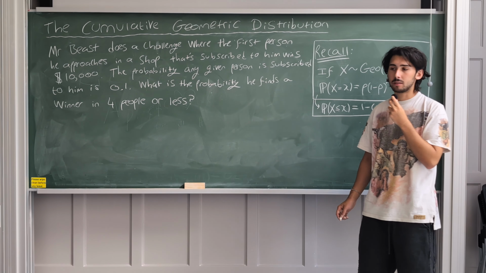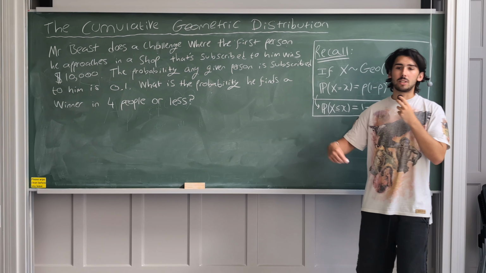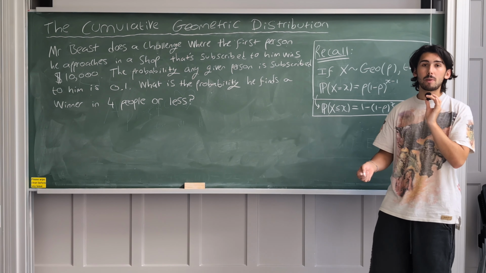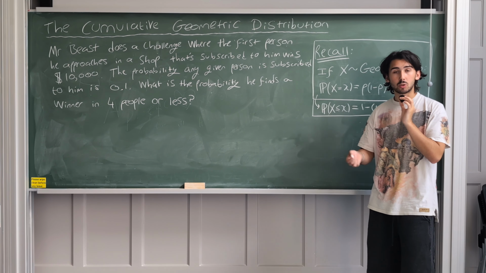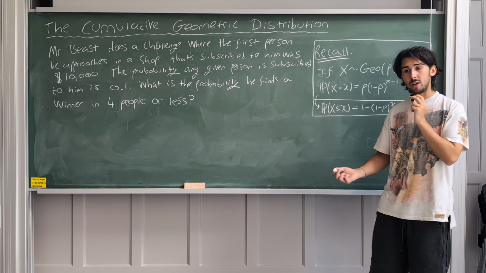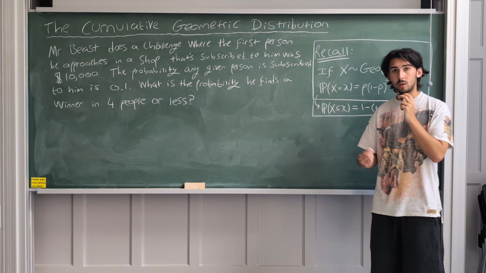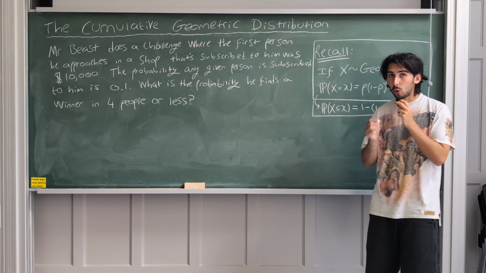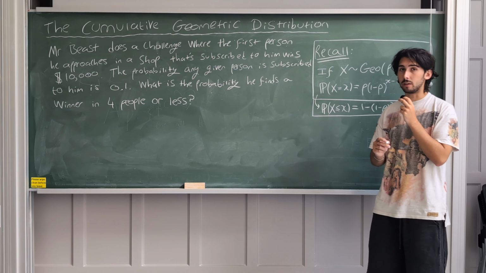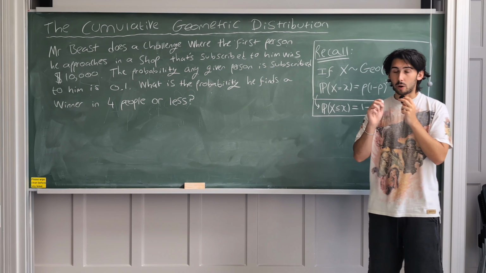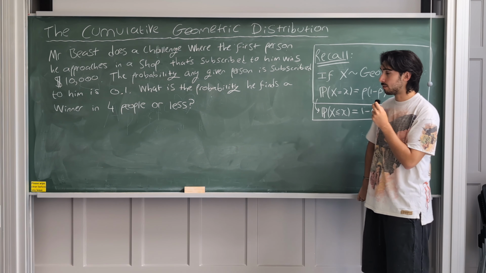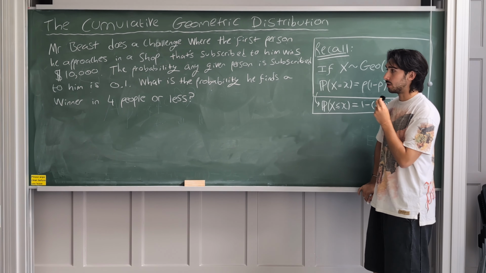So that means he's going to go around the shop, he's going to go, hey, are you subscribed to Mr. Beast? And they're going to show him their phone, and if they're subscribed, they instantly win, and if they're not, he moves on to the next person and asks them. What is the probability that after 4 people, he has found a winner? He's found a winner after 4 people or less. So the first person, second person, third person, or fourth person that he asks is a winner.